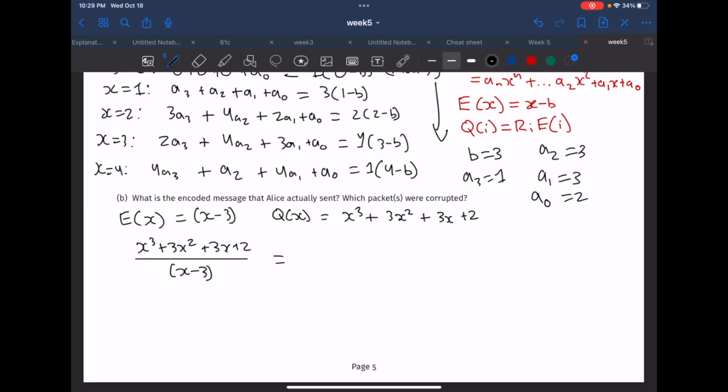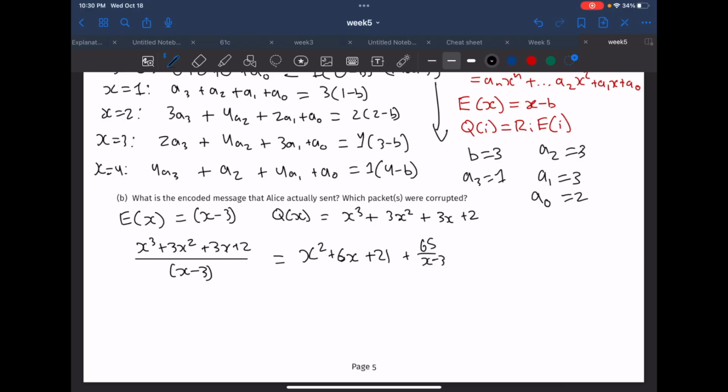I'm not going to go over polynomial long division for this problem, but if you run through the entire long division process, you come up with x squared plus 6x plus 21, plus 65 over x minus 3.